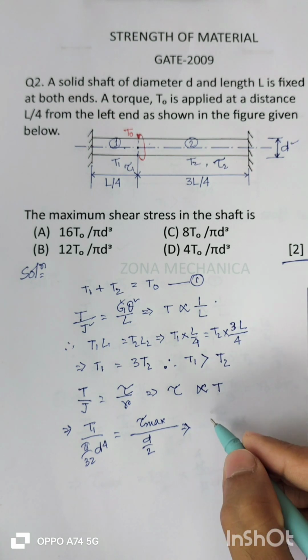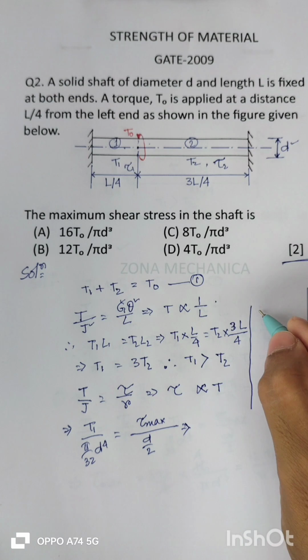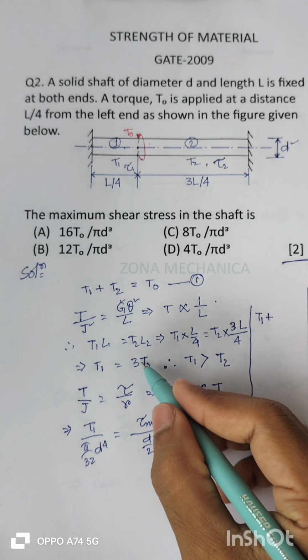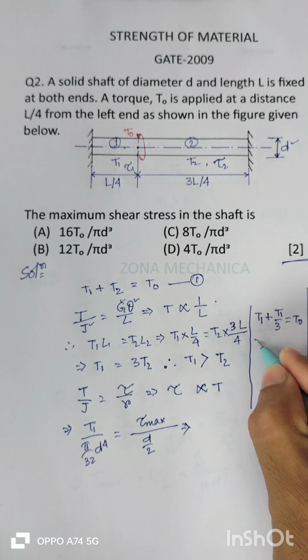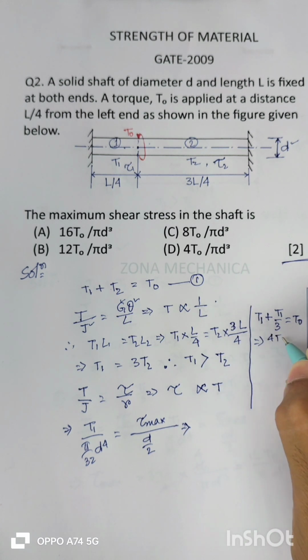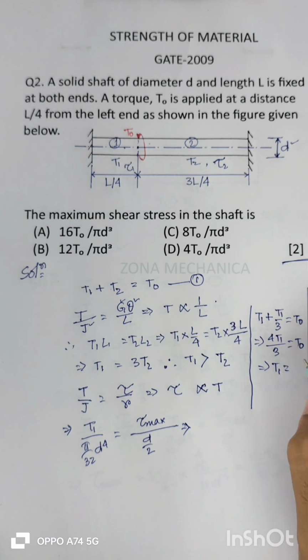Let us get T1 from here. T1 plus T2, where T2 is T1 by 3, is equal to T0, that is 4T1 by 3 is equal to T0. Therefore T1 is equal to 3T0 by 4.